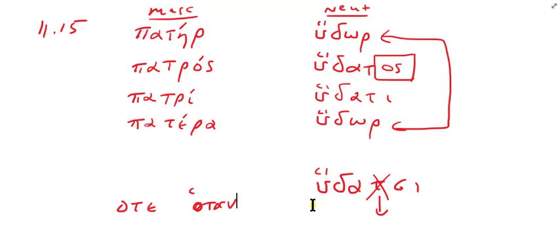Hudor. Water. By the way, the word for hydrant, a fire hydrant, comes from this. Hydro. Yep, hydro. Hydroelectric. Hydraulic. Yeah. Okay. Humeis is y'all, youans, you guys, plural you. Phos, light.